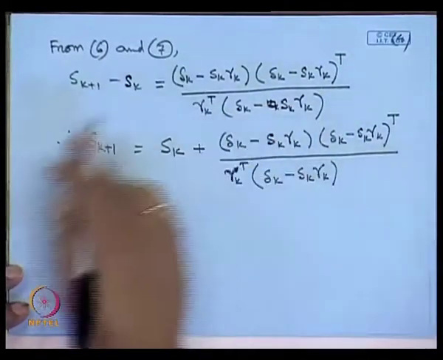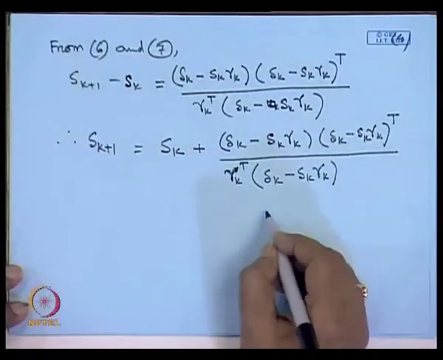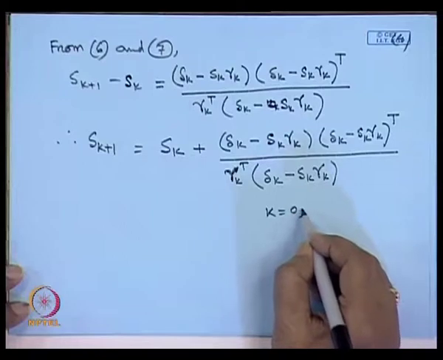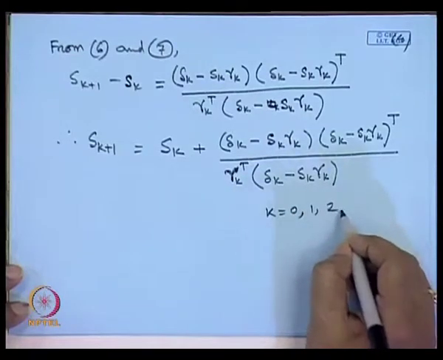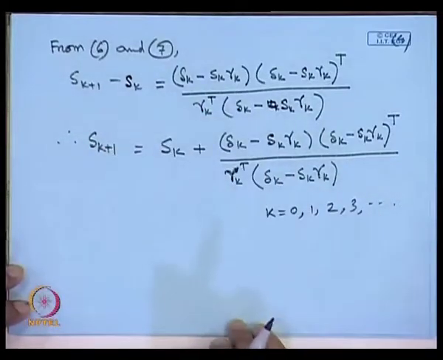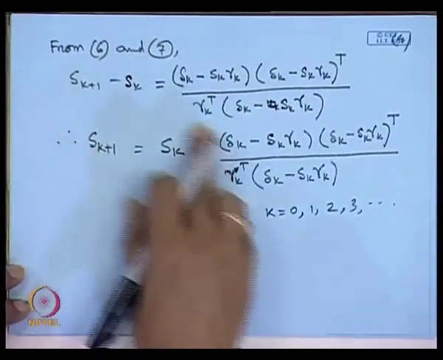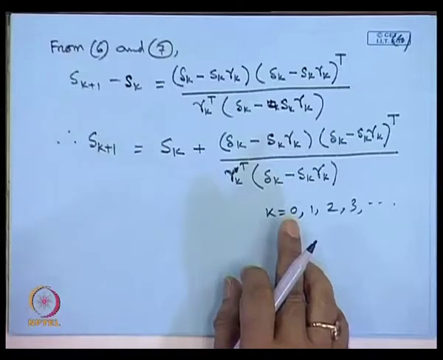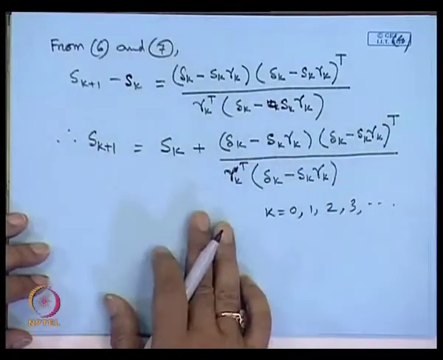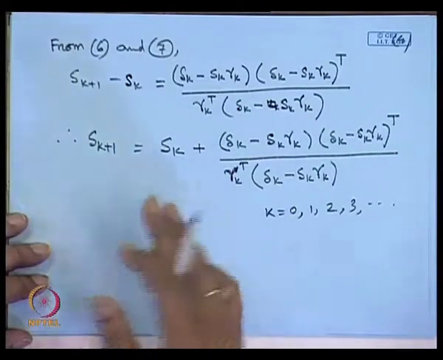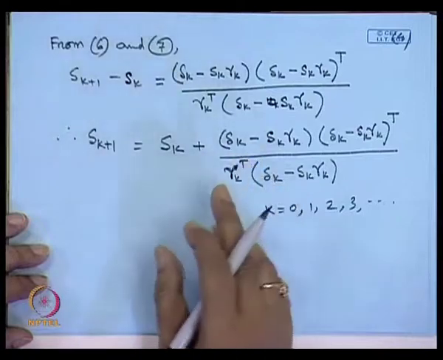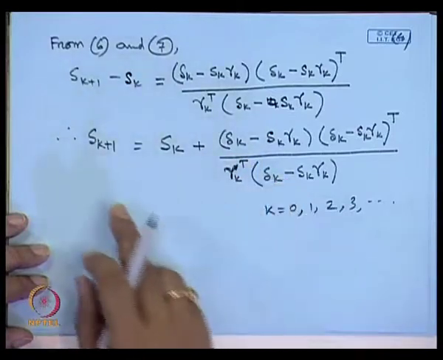So, I can compute this iteratively for k equal to 0, 1, 2, 3, and so on. If one computes recursively this way, I am avoiding the inversion of the Hessian matrix when computing the solution of the optimization problem using Newton's method.